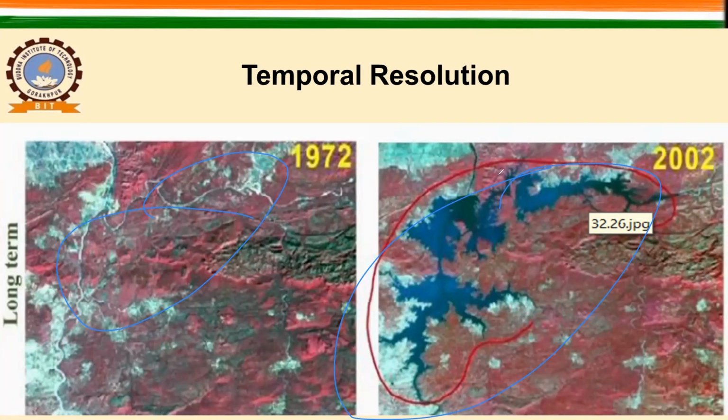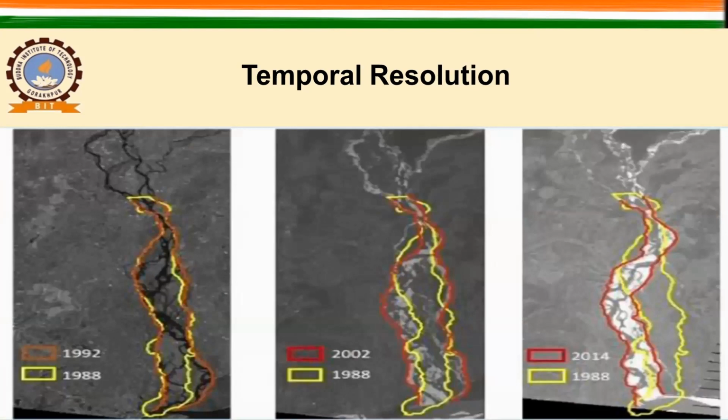Now I will show you one more example. अगर एक और एग्जाम्पल को हम देखें, these all come under the temporal resolution, right? So another example, this was already shown to you in one of the slides in the river morphology part. Here you can see how this river is migrating from one place to another place, that you can always track when you have good temporal resolution of your satellite, right?